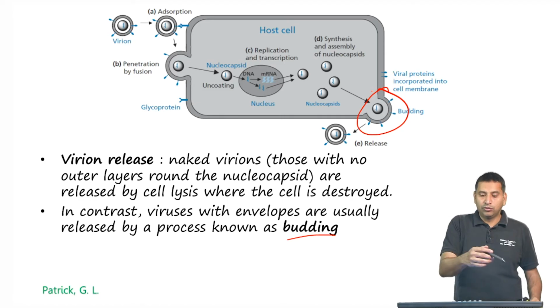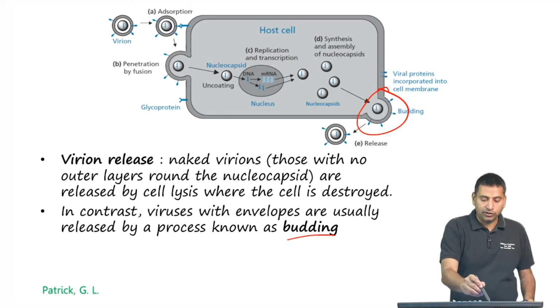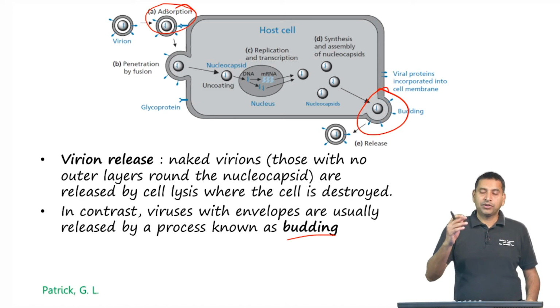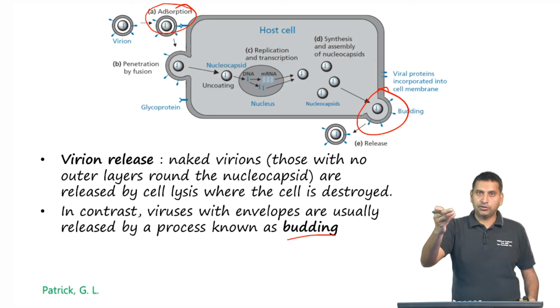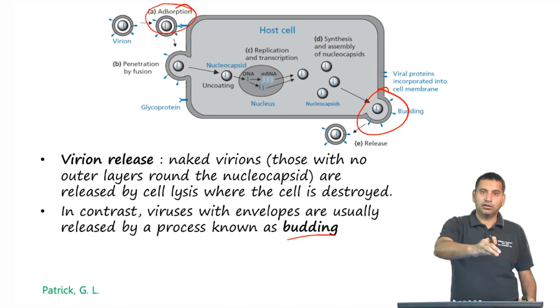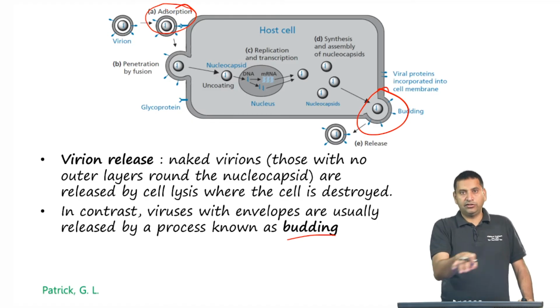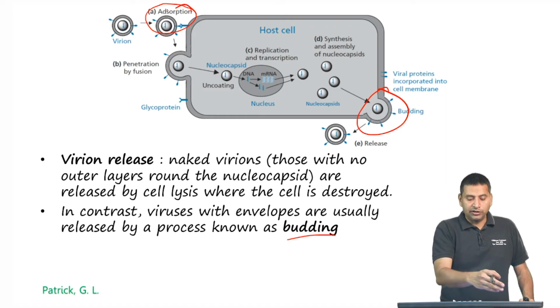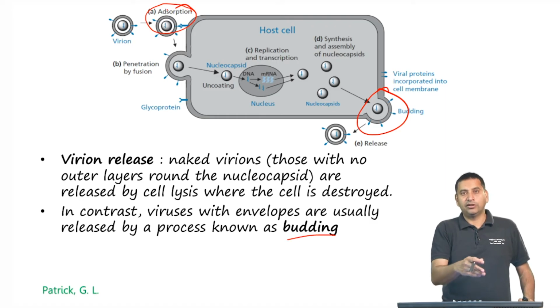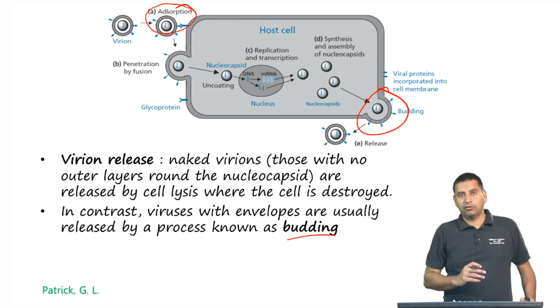So, just to recap, the first step here is adsorption, wherein some of the cell surface receptors are recognized by the virion, and the virion goes and binds to this. Once it is bound, it penetrates and fuses. It is also possible that the nucleic acid is injected into the cell, but in this example that we are looking at, it is the entry of the entire virus.